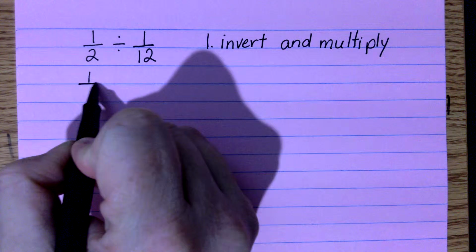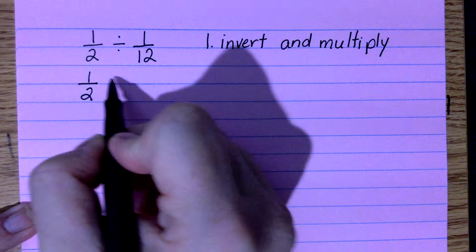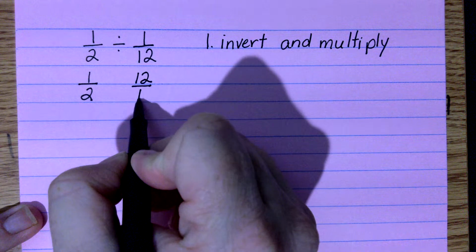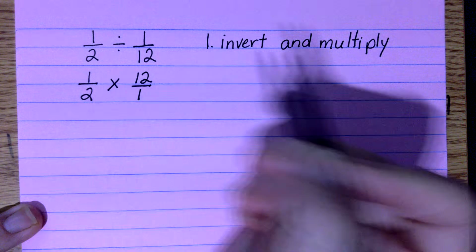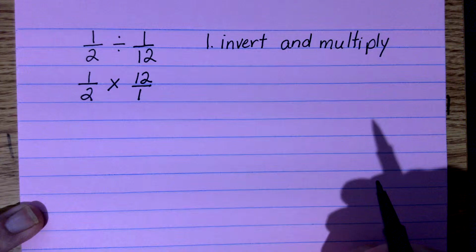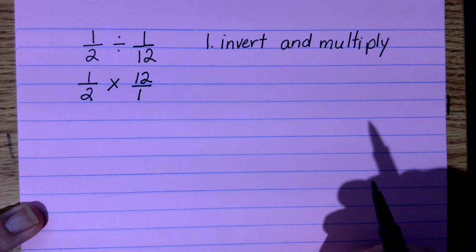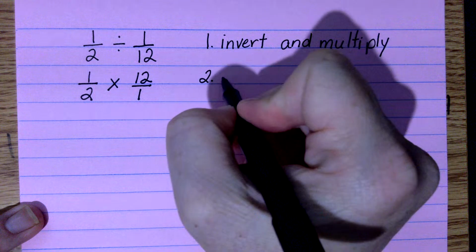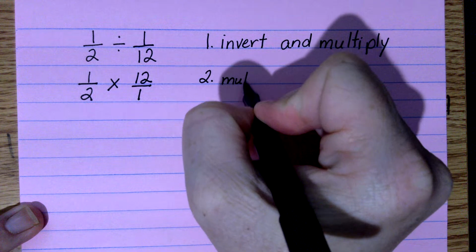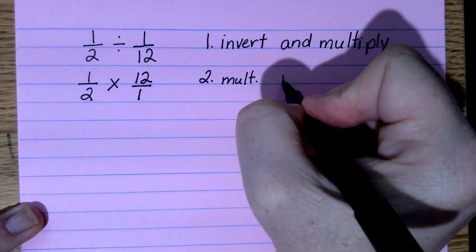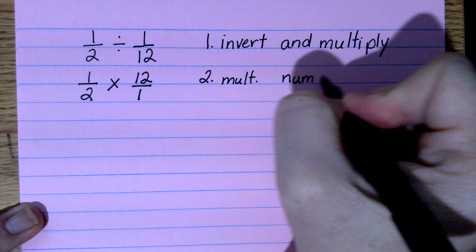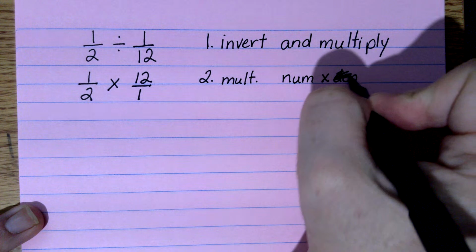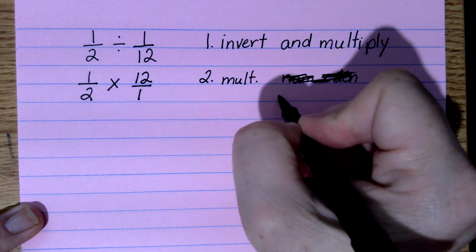So we're going to take 1/2. We're going to invert, so 1/12 becomes 12/1. And then we're going to multiply. So we invert and multiply in one step. Now, step 2, we can multiply the numerator times the numerator and the denominator times the denominator. Oops, sorry, let me rewrite that.